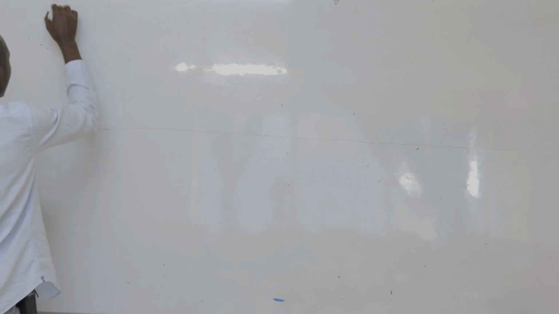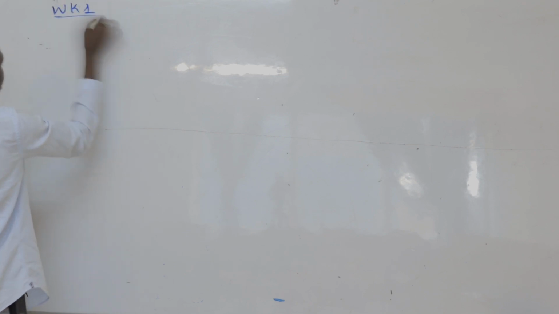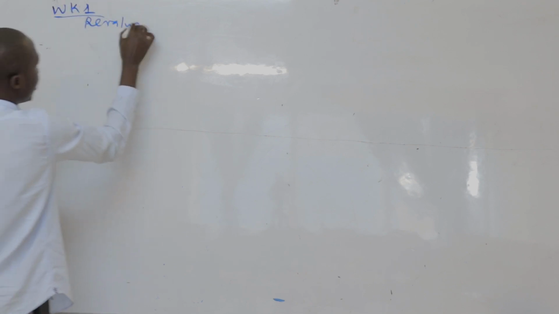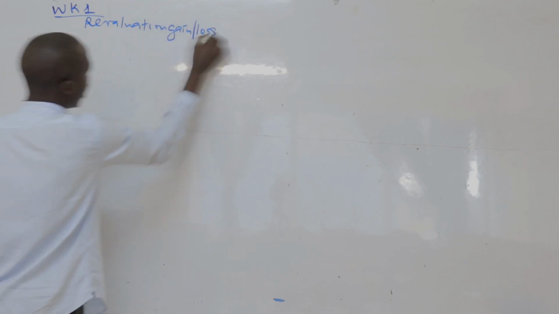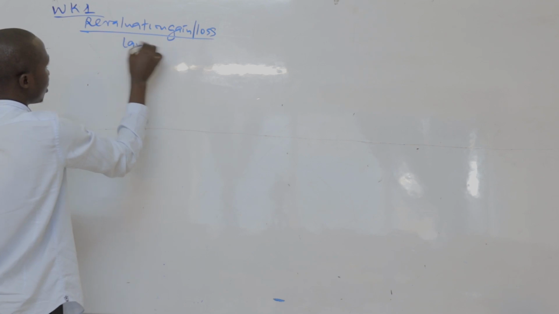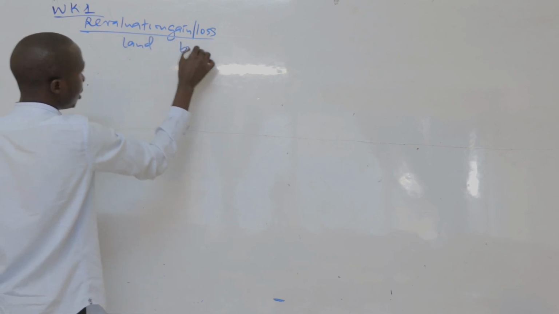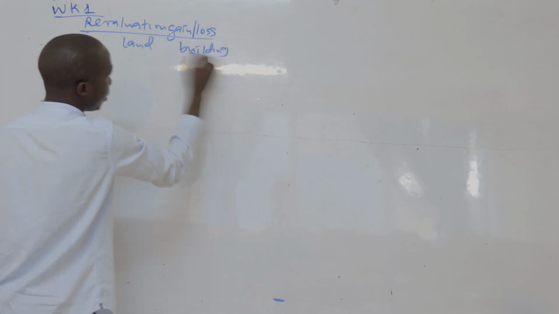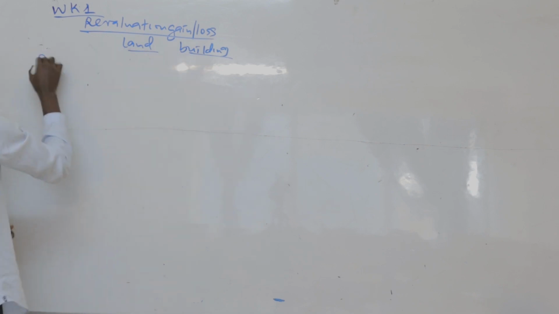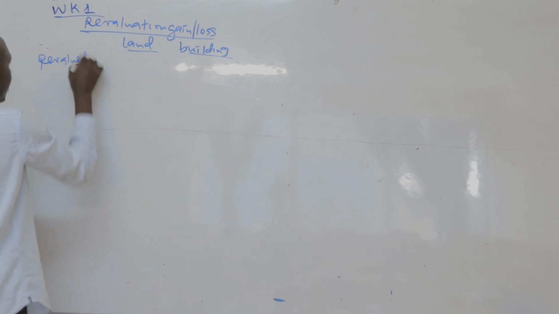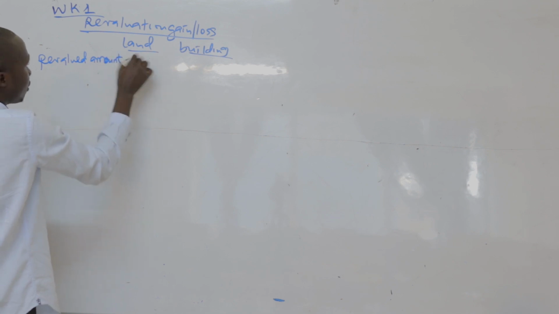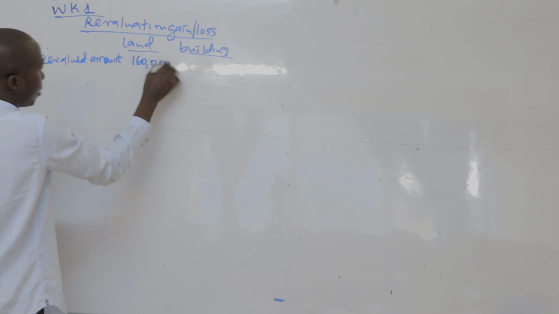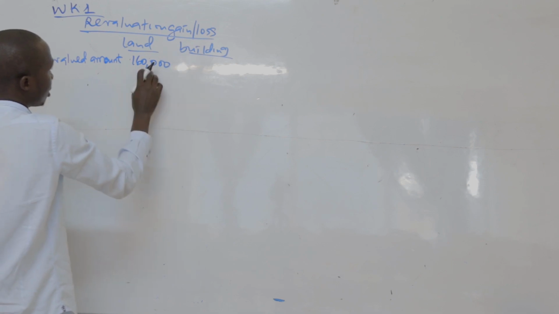So working 1: we need to check the revaluation gain or loss. In one column we have land, and in another, building. You start with the revalued amount provided in additional information number 1. So the revalued amount for land, as per additional information number 1, is 160,000.